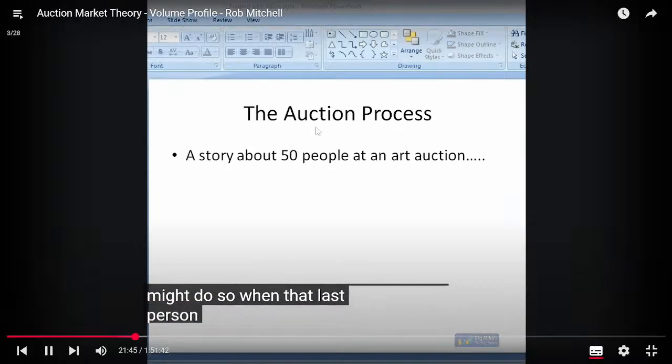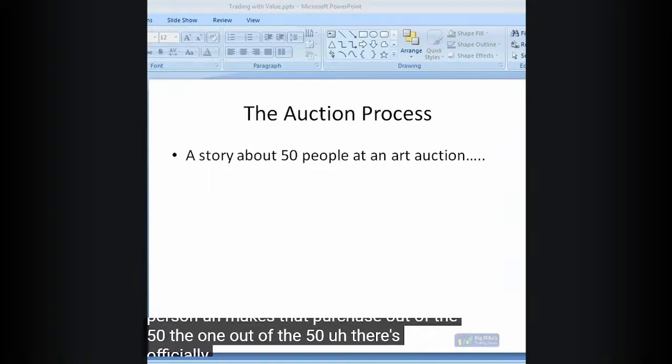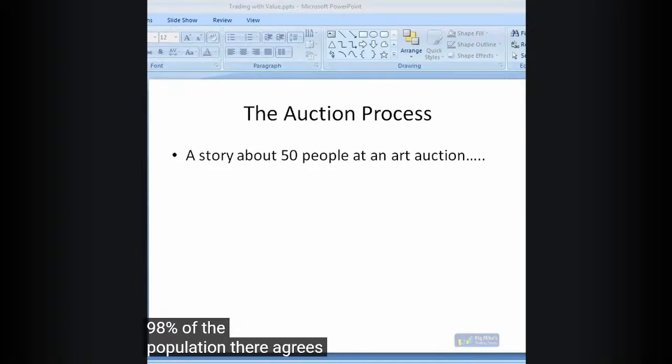So when that last person makes that purchase, the one out of the 50, there's officially at that point 98% of the population there that agrees that the painting is not worth what it sold for.